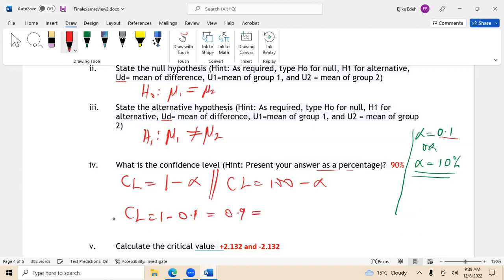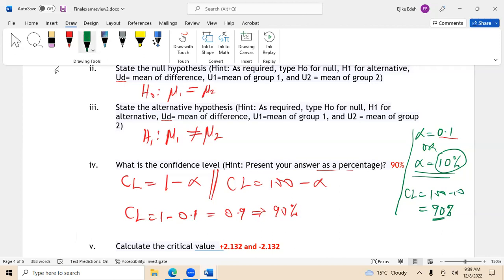So if you multiply this by 100 to change it to percent, that will give you 90%, right? Okay, but assuming alpha was given to us as 10%, then we would have used confidence level equals 100 minus 10, and that will still give us the same 90%. Okay, all right, so you watch out for that.